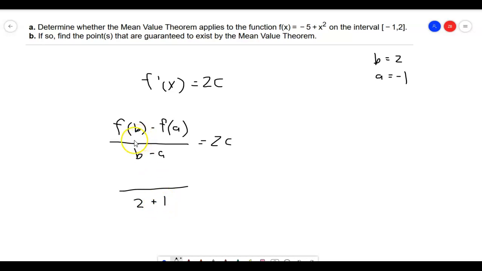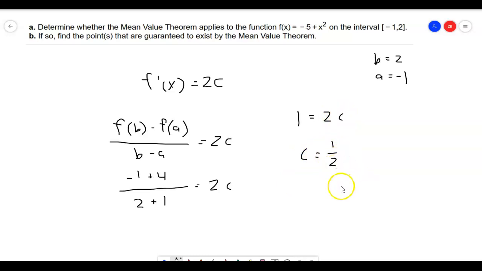And then f of b is this evaluated at 2, so -5 + 4, which is -1, minus f of a, so -5 + 1 is -4, so minus -4, that's +4, equal to 2c. So this is going to be 3 over 3, which is 1, equal to 2c. So 1 is equal to 2c, so c is equal to 1/2.